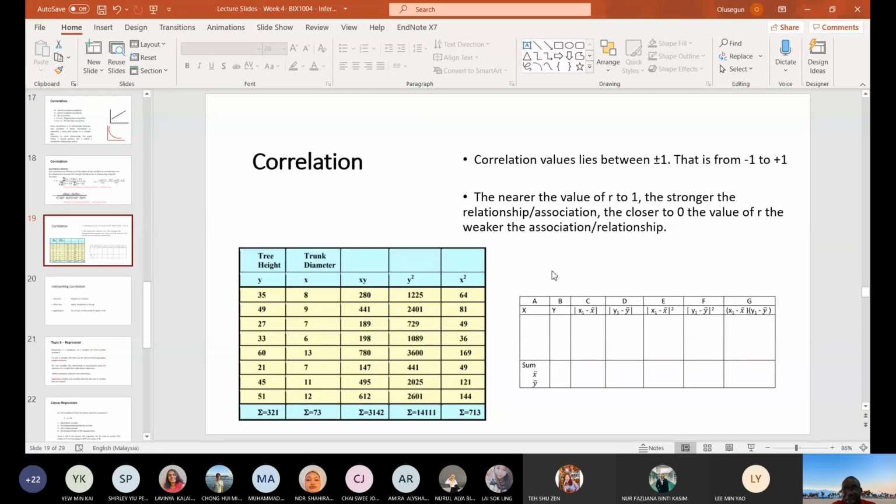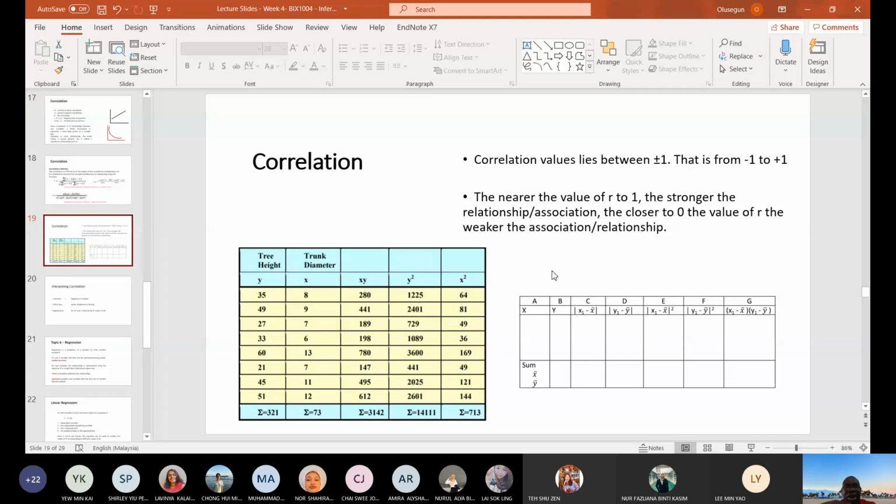However, as I said before, the direction indicates whether it is negative or positive. So the direction here is not something to worry about. If a correlation shows a negative value, what it means is that the relationship between the two variables is inverse. Remember in secondary school mathematics, variation, when something varies directly, partially, or inversely.